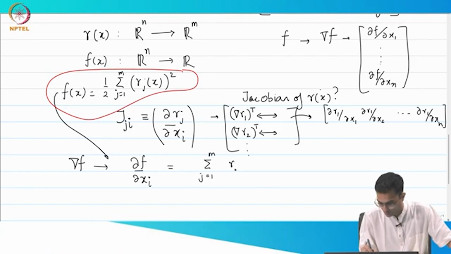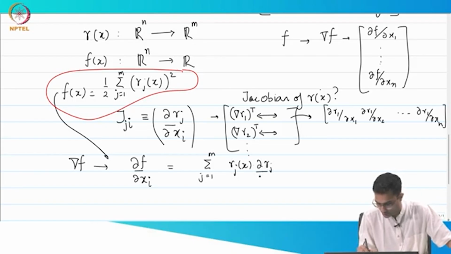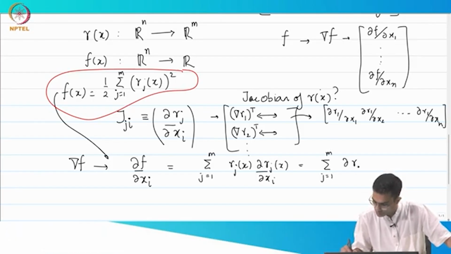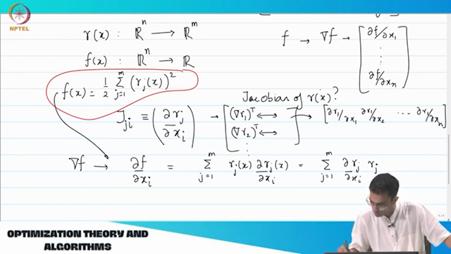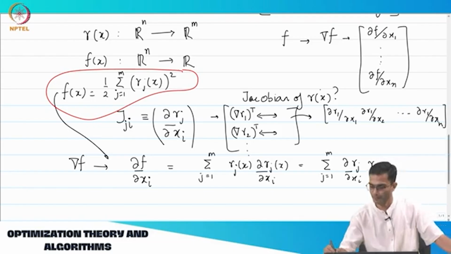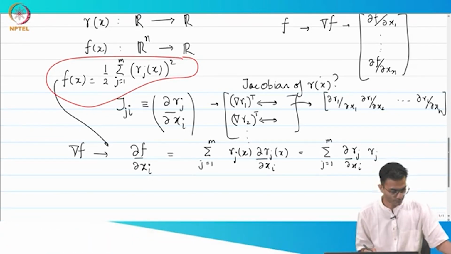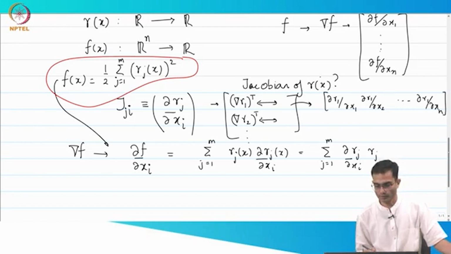Okay, I have an r_j of x and I have a dr_j by dx_i of x, and for simplicity I can rearrange them this way. Now this is df by dx_i.